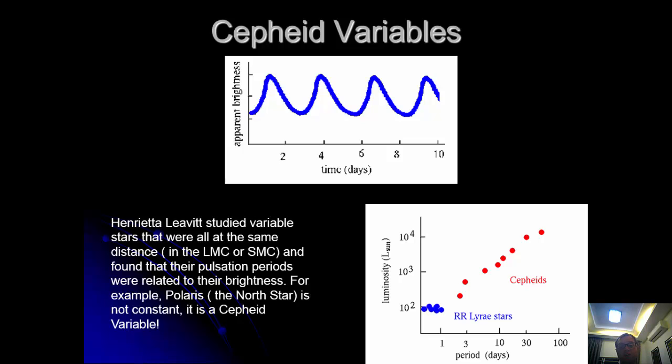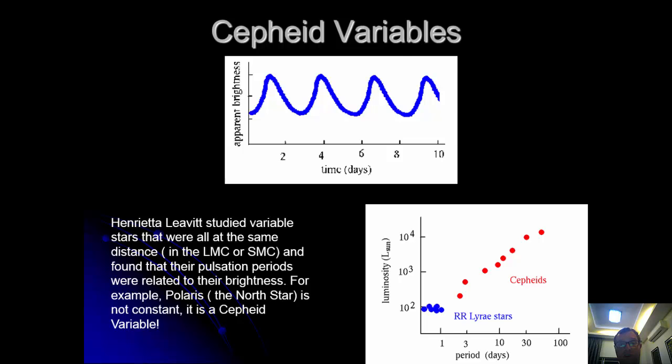Now, this is really, really useful for a number of different reasons. For a star, it gives us the ability to find out the luminosity of a star just by looking at its change in brightness.